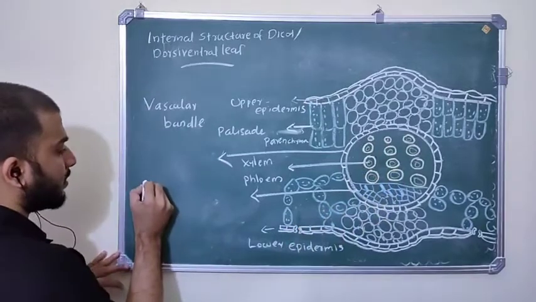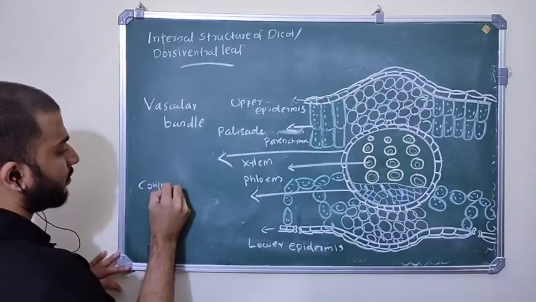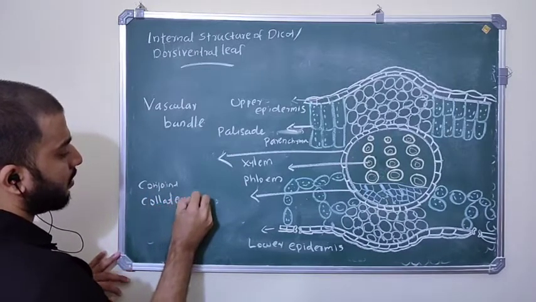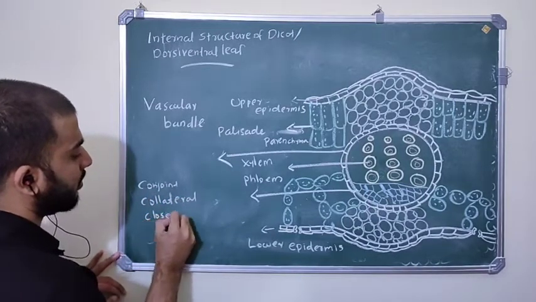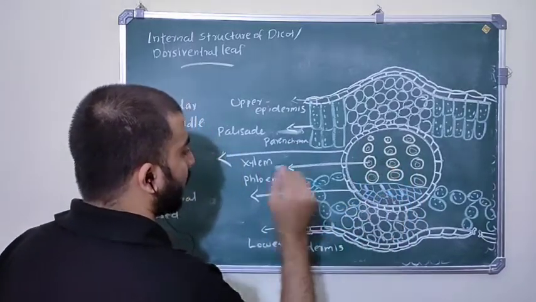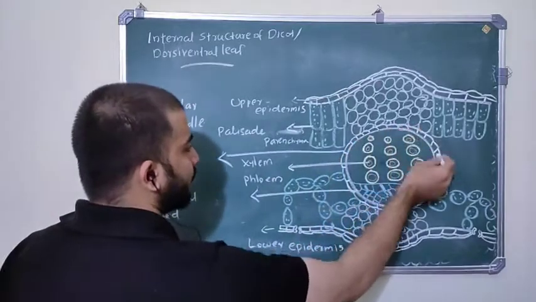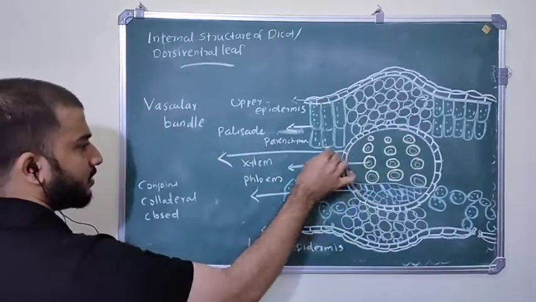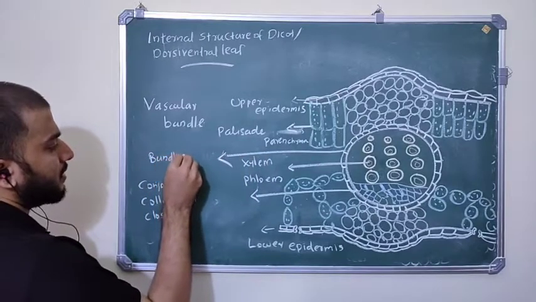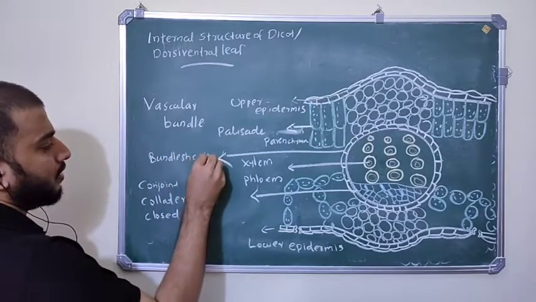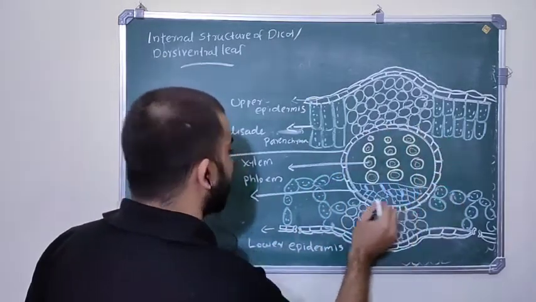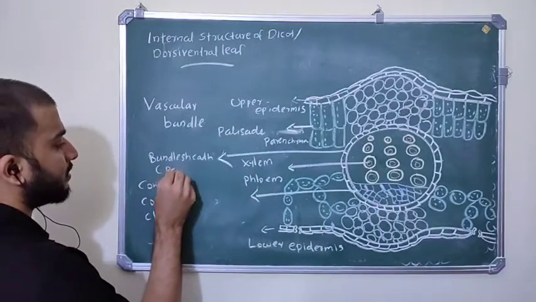These vascular bundles are conjoint, collateral, closed. What is meant by closed? There is no cambium present between xylem and phloem. Around these vascular tissues, the bundle sheath is present, and this bundle sheath is made up of parenchyma cells.